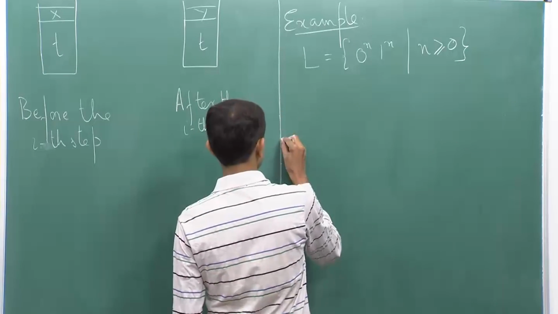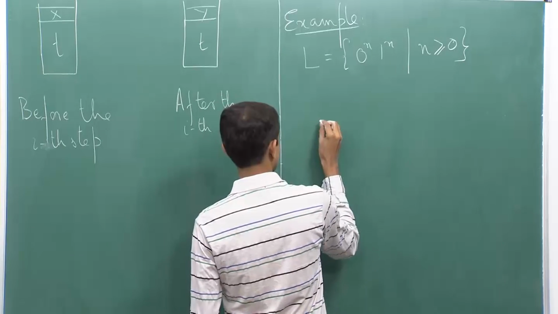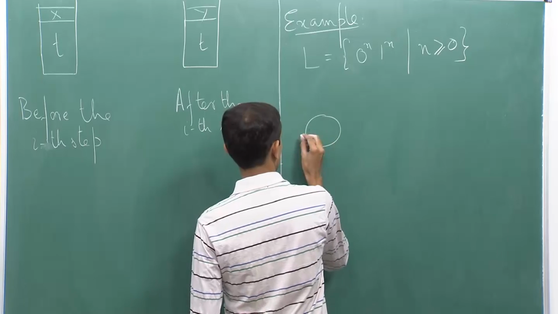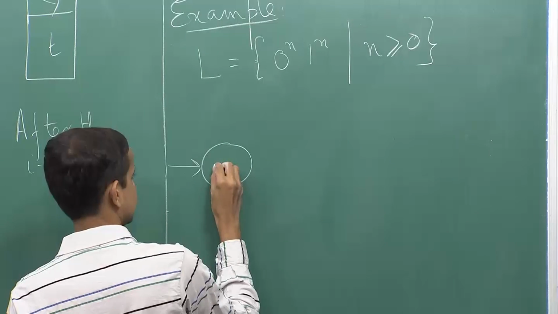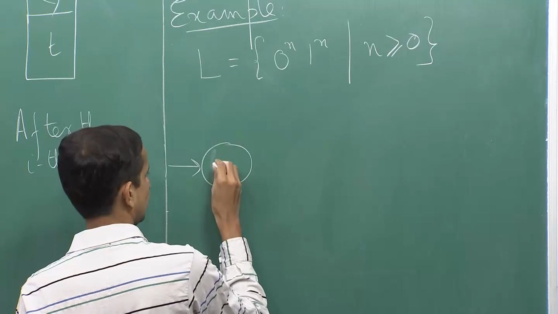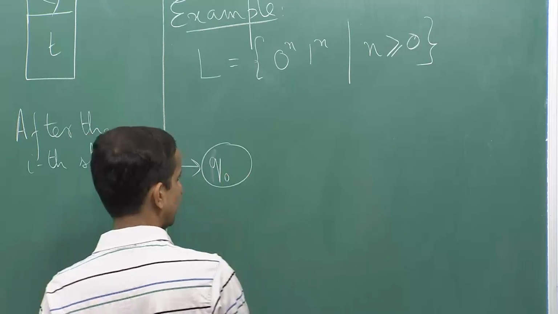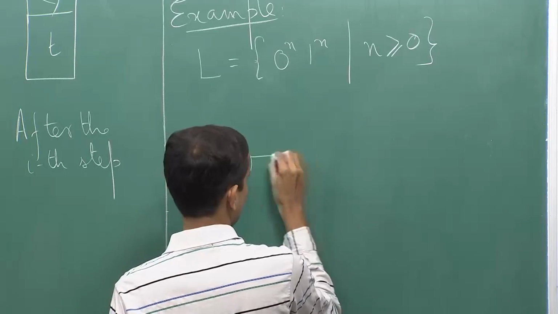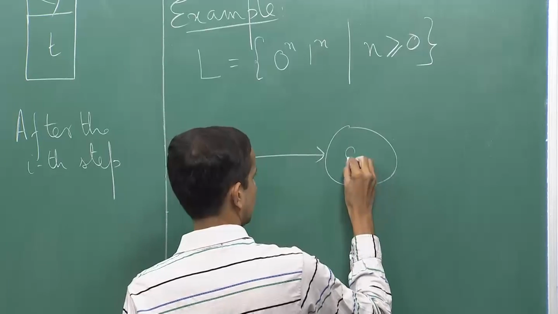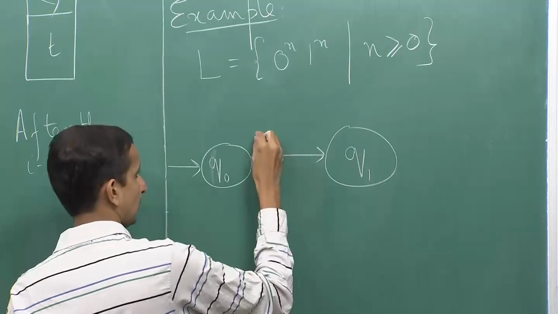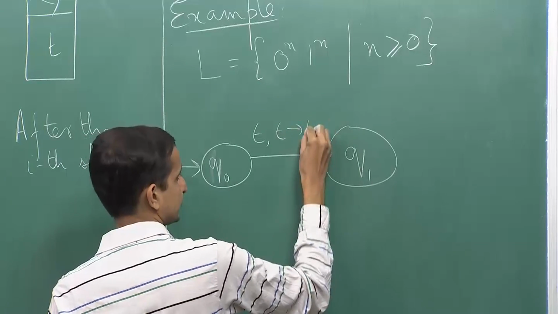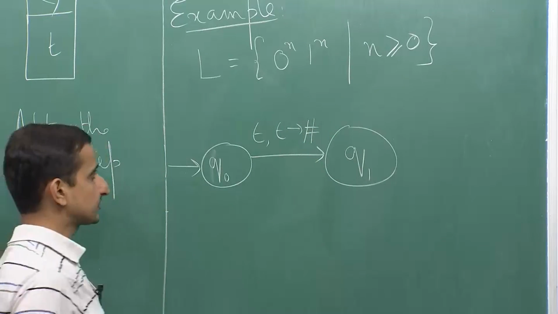So, here we will construct the push down automata. We have a state, this is our start state, let us call it q0. From q0, I go to a state q1 on reading epsilon, and I push a symbol hash onto the stack.